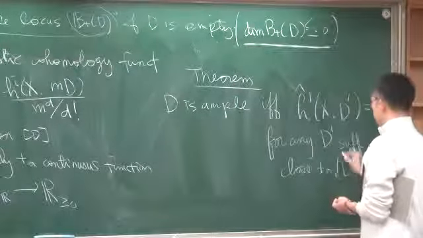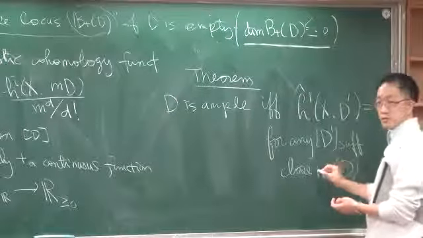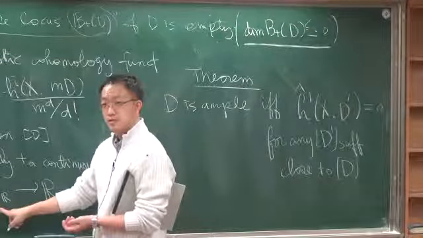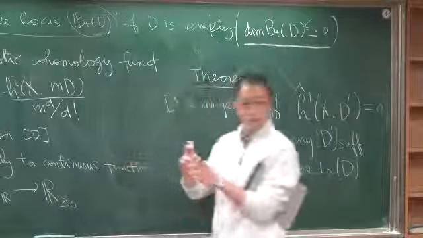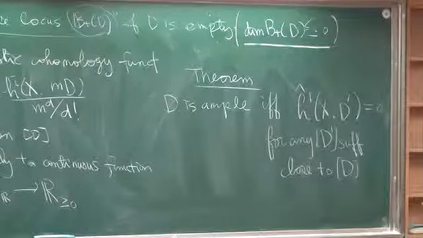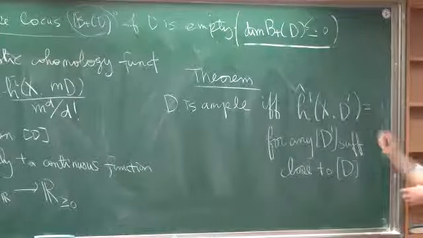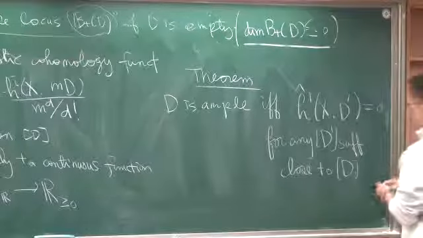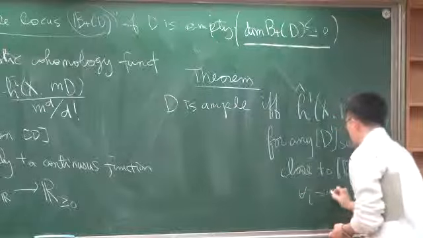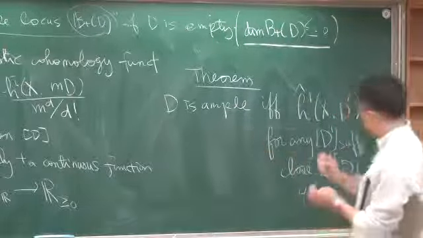This is a finite dimensional space, so you can take an open neighborhood in the sense of topology, an open subset where this vanishes, of course for any i greater than 0.